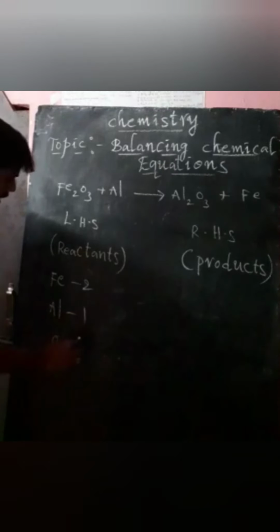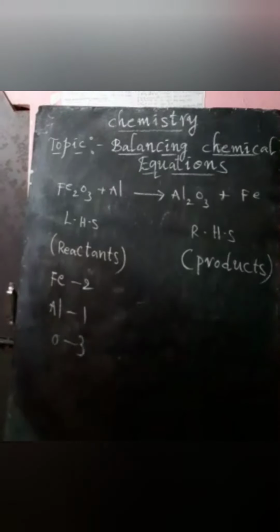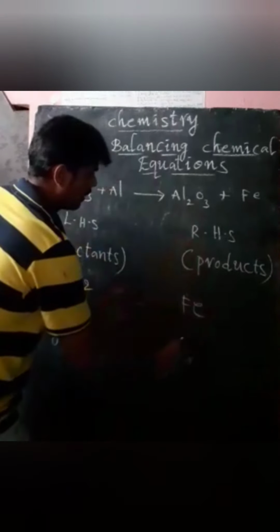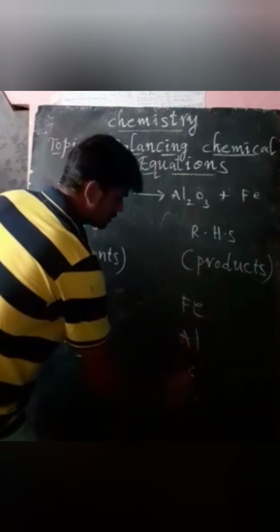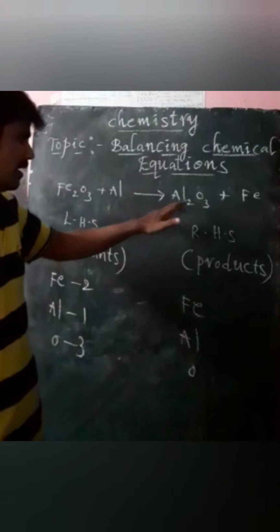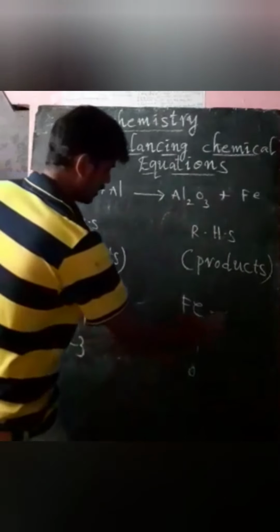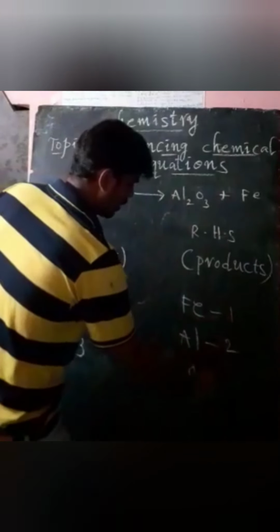Oxygen, 3. The same iron, aluminium and oxygen are also present on the RHS side. Iron 1 atom, aluminium 2 atoms, oxygen 3 atoms.